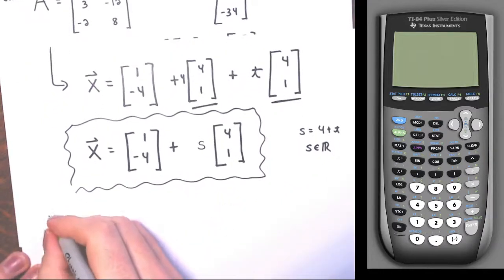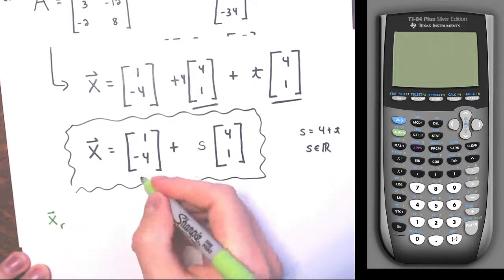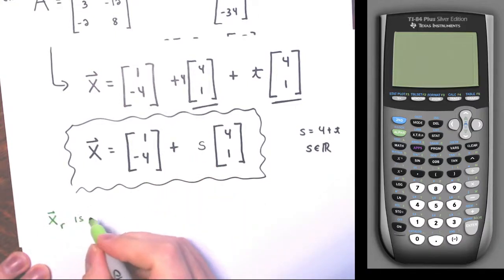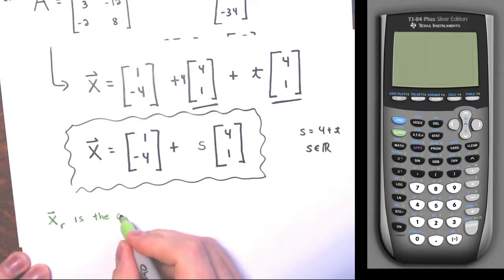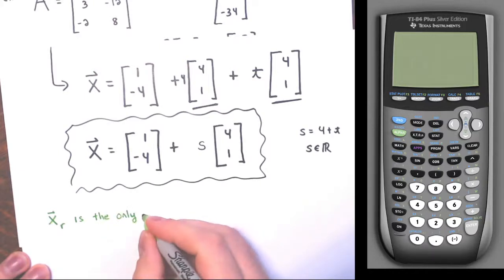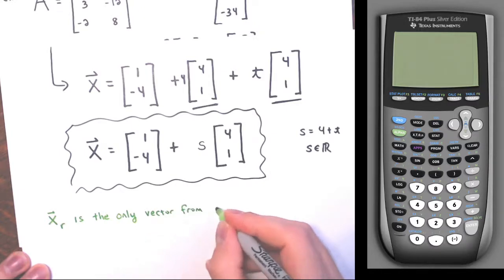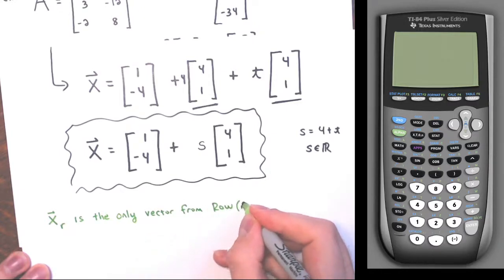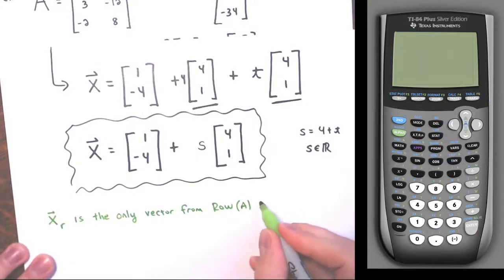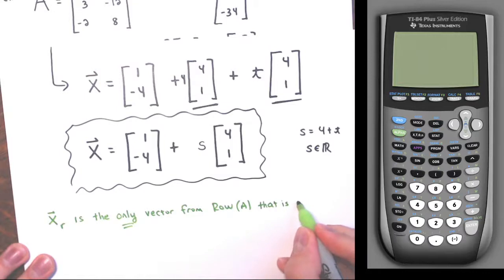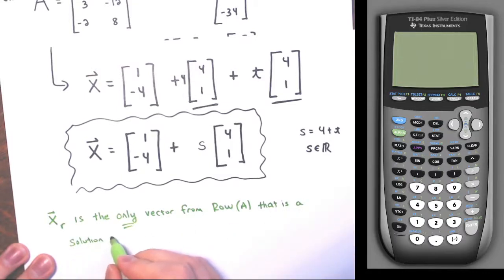So XR, the 1, negative 4, this is the only vector from the row space of A that will be a solution of A times X equals B.